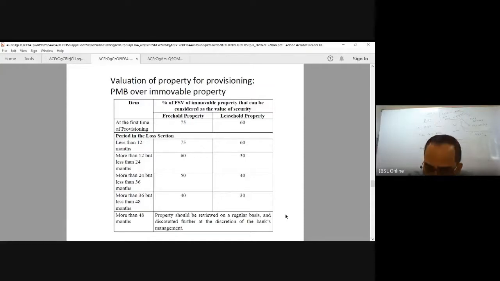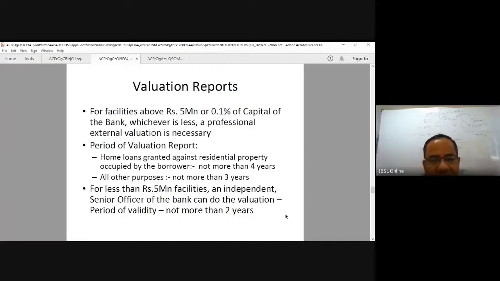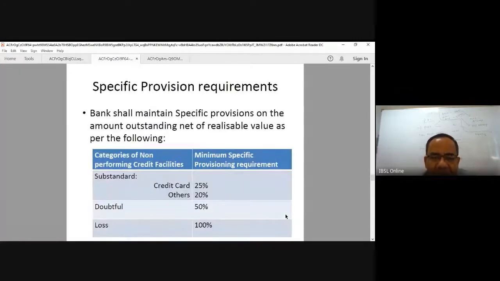If it is in the loss section, what you will do? There are stages, how much you will take into account. Up to the point it goes into loss section, you are able to keep the 75%, you can deduct and do this. So for the same facility, like what I told you, 100 million, first time when it is in substandard, you are providing 20%.